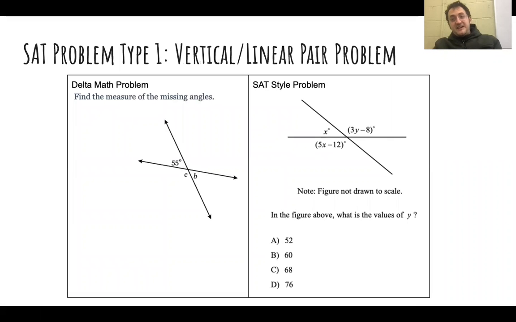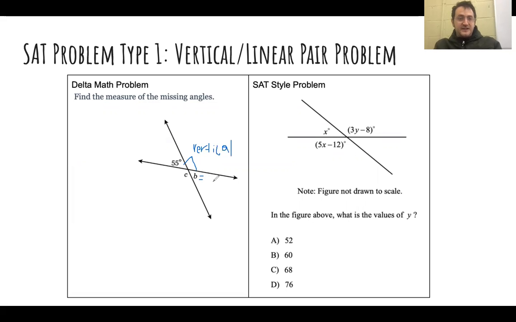I like looking at the SAT problem and the Delta Math problem, or I should say conventional geometry problem, side by side, because you're going to see some similarities and differences. The easiest thing to do on a Delta Math angle pair problem is to just use vertical angles to show that they are congruent.